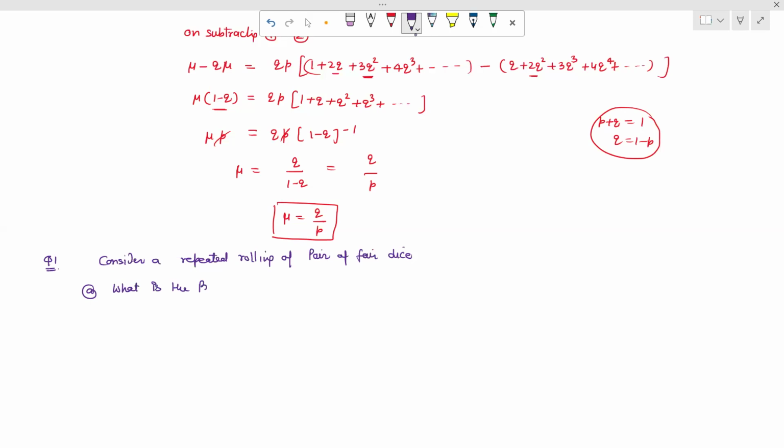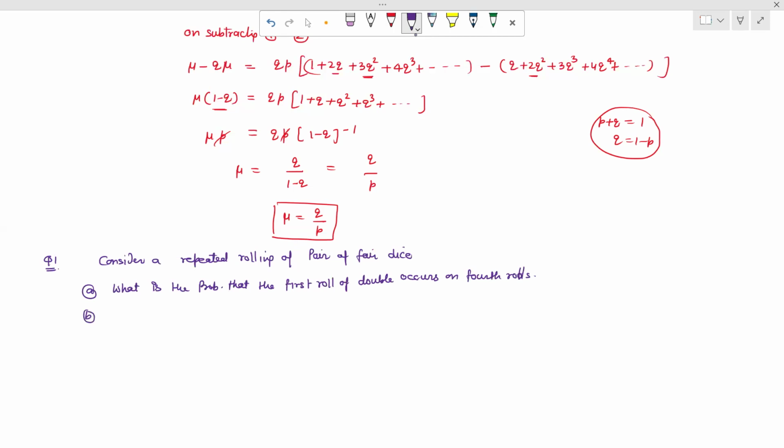What is the probability that the first roll of double occurs on the fourth roll?